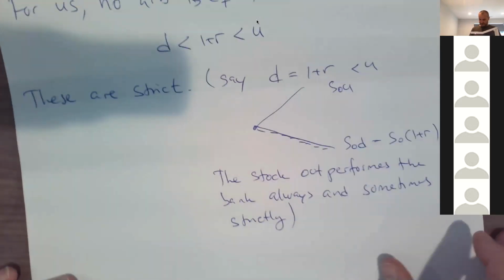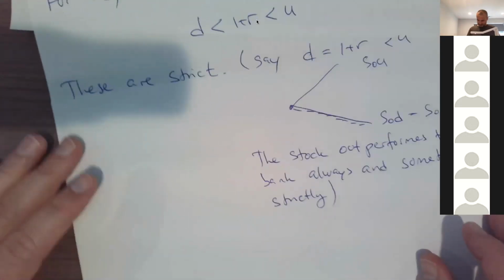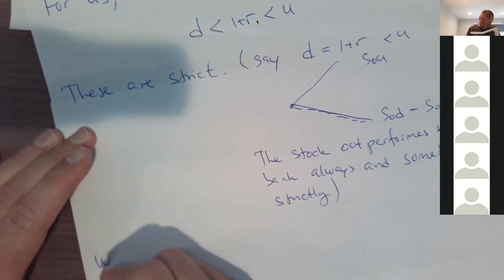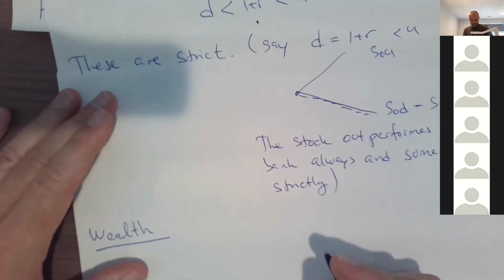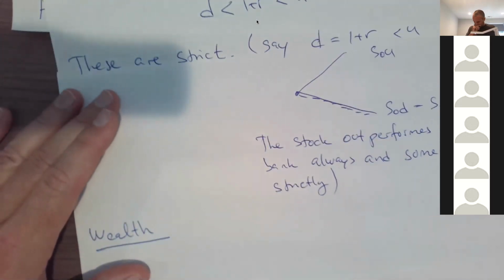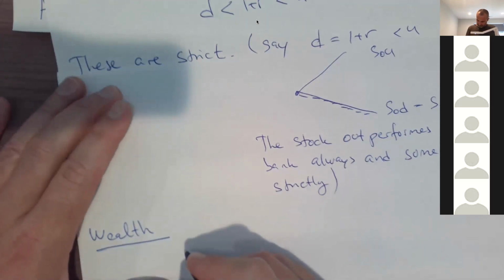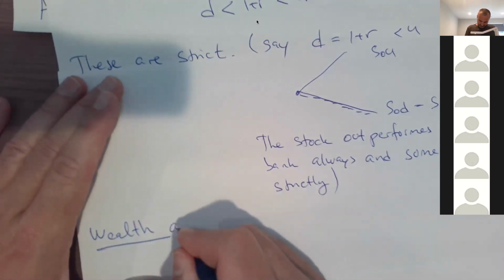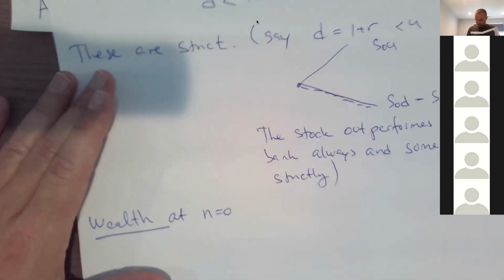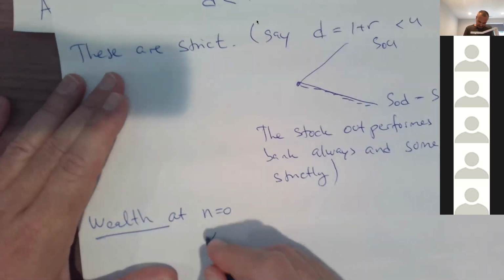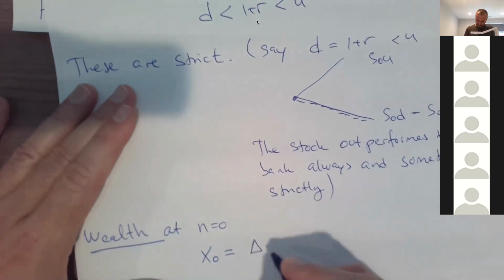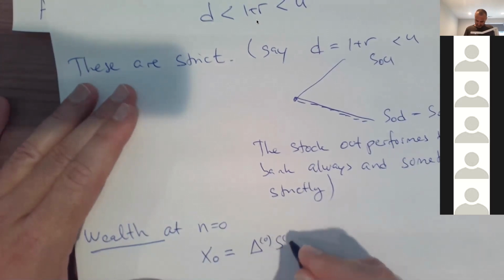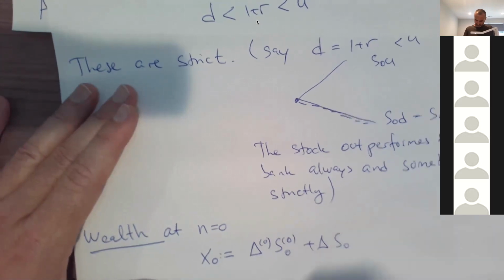Well, okay, so wealth. What is the wealth? So the wealth at time 0, this is my X0. My X0 is equal to delta 0 times S0 plus delta, this is the definition, right?